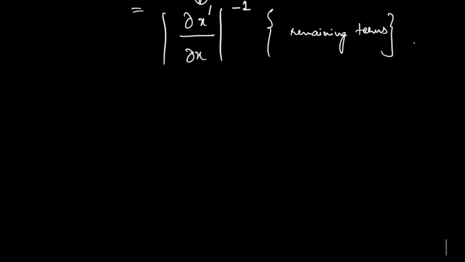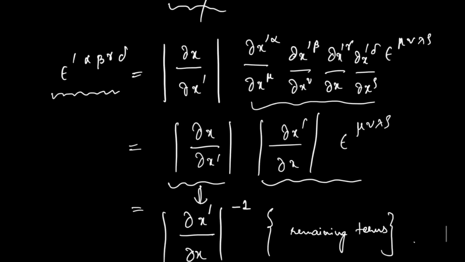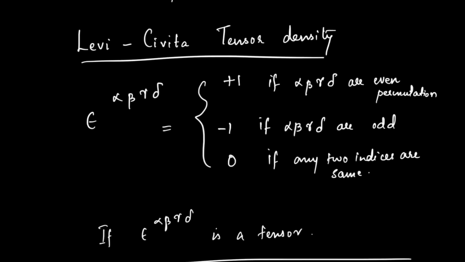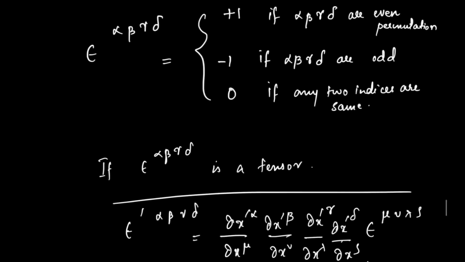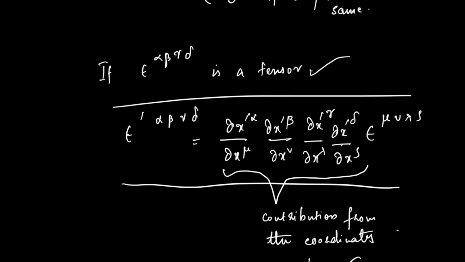So, the contravariant Levi-Civita tensor density. Now we know that Levi-Civita is not a tensor, it is a tensor density. Why? Because it has to be a constant in all coordinate systems. The components should not vary. So if epsilon alpha beta gamma delta is a tensor, then that is not possible.